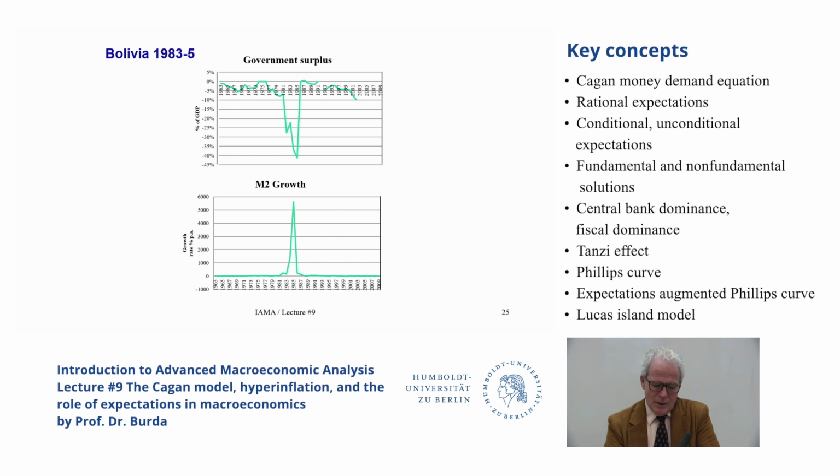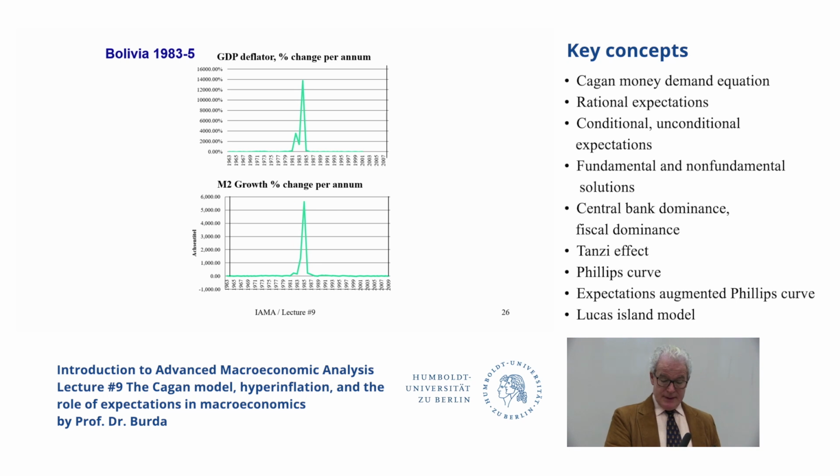So as of 1981, the deficit rose to ultimately almost half of GDP because the collapse of the government enterprises meant they had huge deficits, and the workers in the copper mines and the tin mines were basically paid by the central bank. And commensurately, M2, which is a measure of monetary aggregates, including checking accounts and savings accounts, rose very sharply.